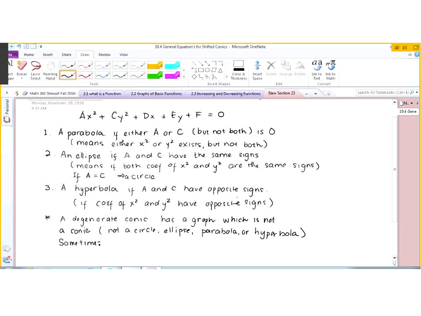So sometimes the graph of a degenerate conic is a point, a pair of lines, or no graph at all. All right. So that's what it is sometimes.